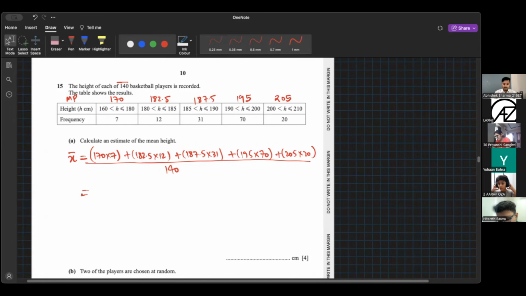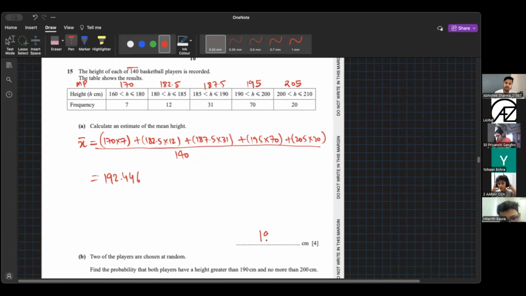So it is going to be 192 point. So answer is 192.446. We'll write correct up to 3 significant figures. It is going to be 192, or you can write 192.4. That is also fine.